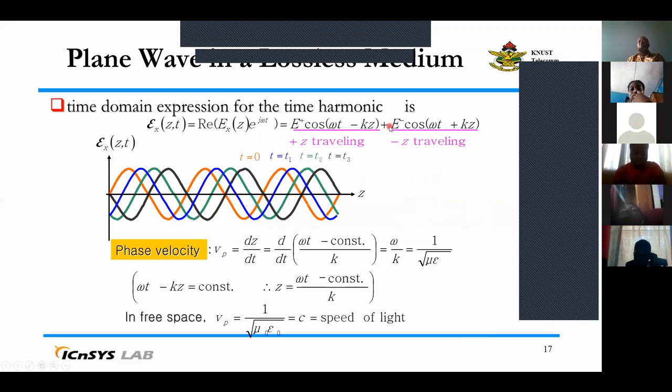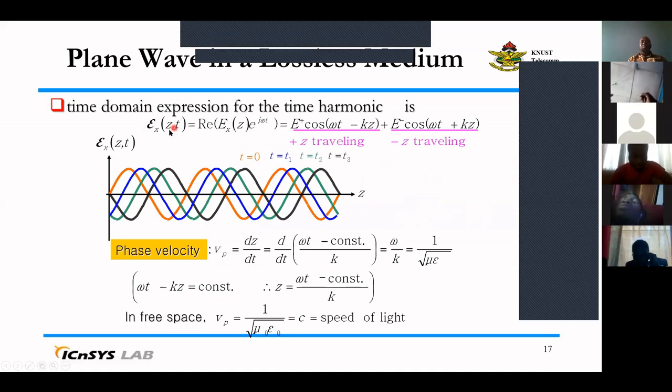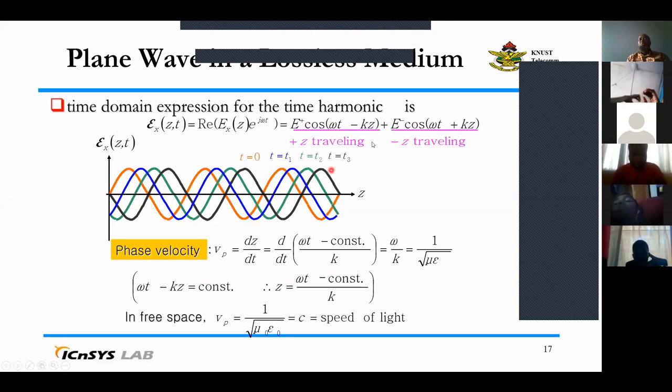So you have E plus cos(ωt − kz) plus E minus cos(ωt + kz). Now this component of the wave, which is Ex traveling along the Z direction, this is actually a wave traveling forward in the positive Z direction.